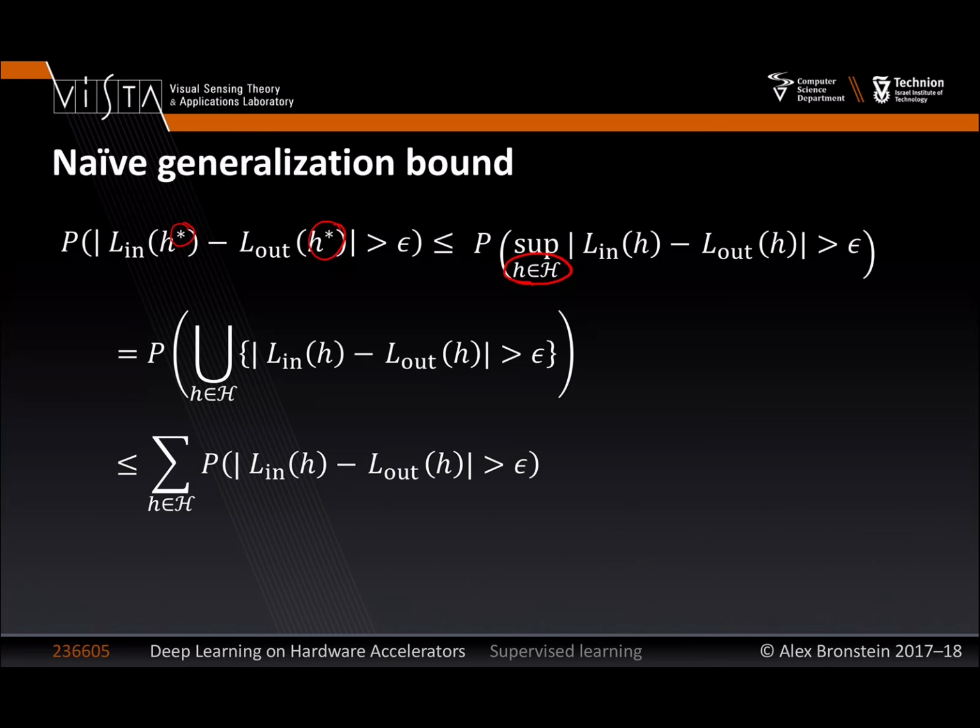This would hold with identity if these sets are disjoint. If the sets are not disjoint, it means that there is statistical dependence between the events. Of course, this will just be a bound. It will not hold with identity.